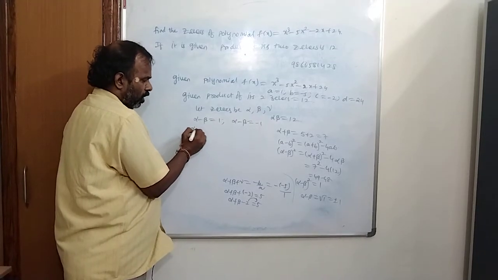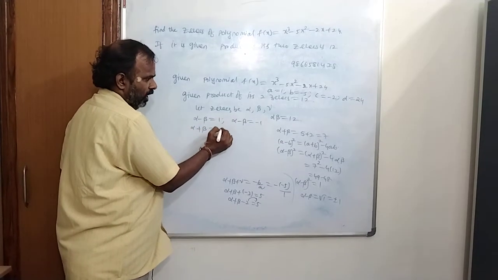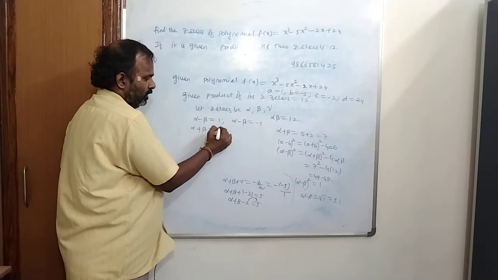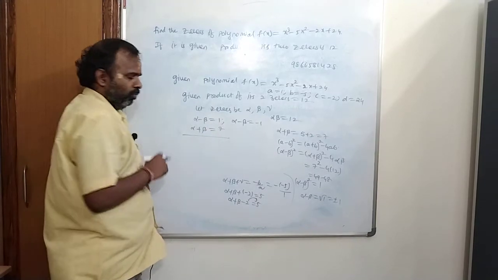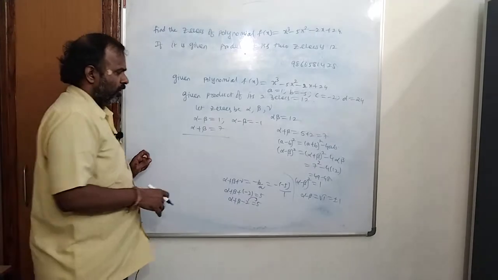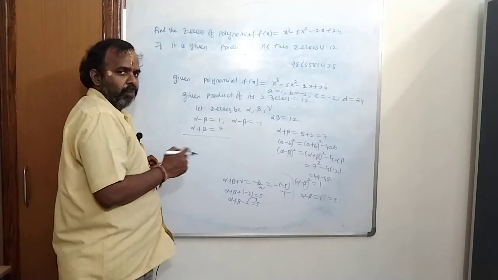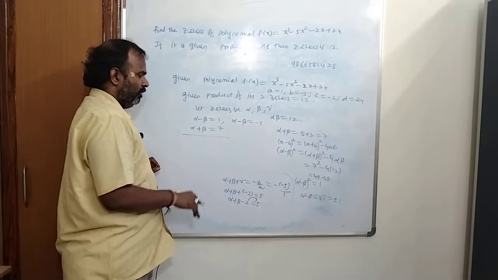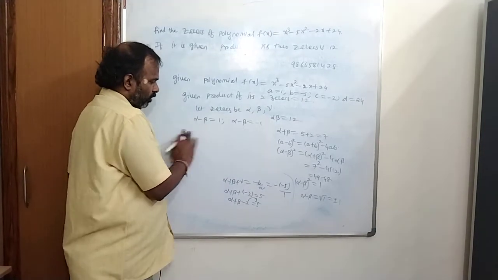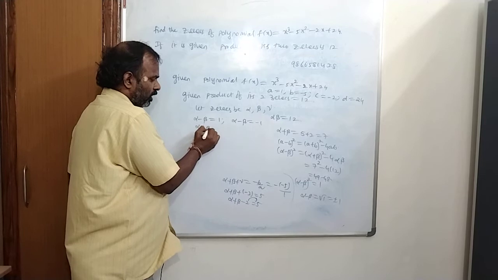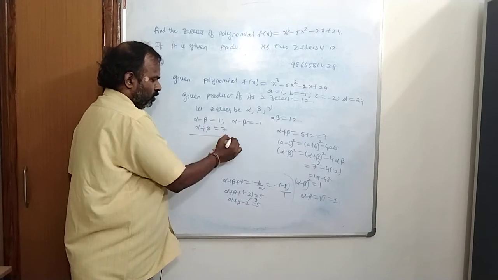Now let us solve with alpha plus beta is equals to 7. So here we can solve this in two methods. One is by cancelling the same terms with opposite sign, or by substitution method. So here we will solve it by cancelling, which is the easiest way.